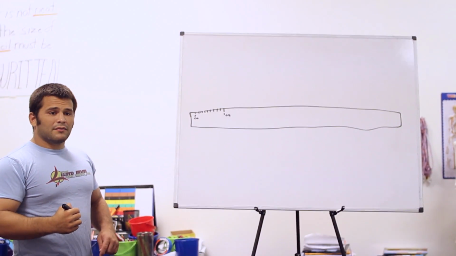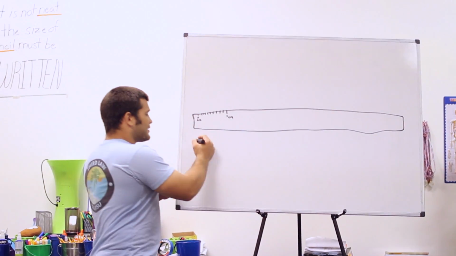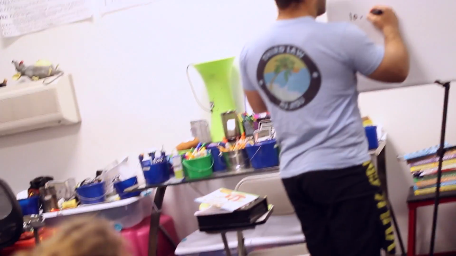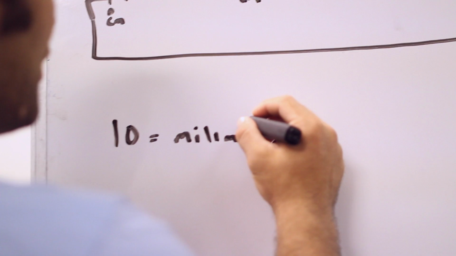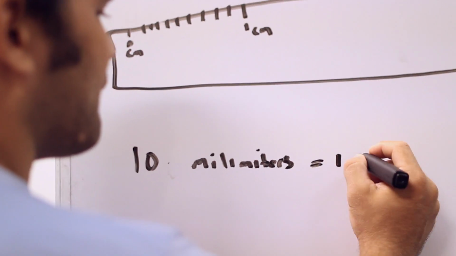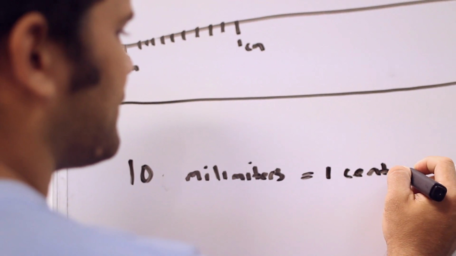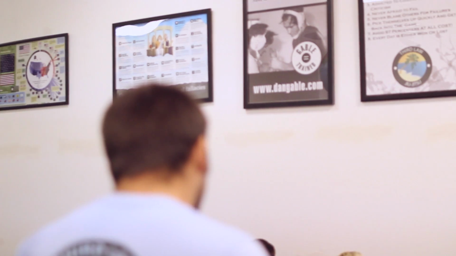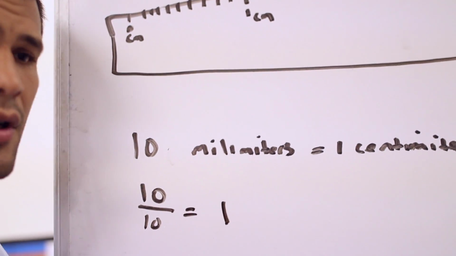It takes 10 millimeters to equal 1 centimeter. 10 millimeters equals 1 centimeter. That's precise, and that 10 metric unit will be a little bit better.